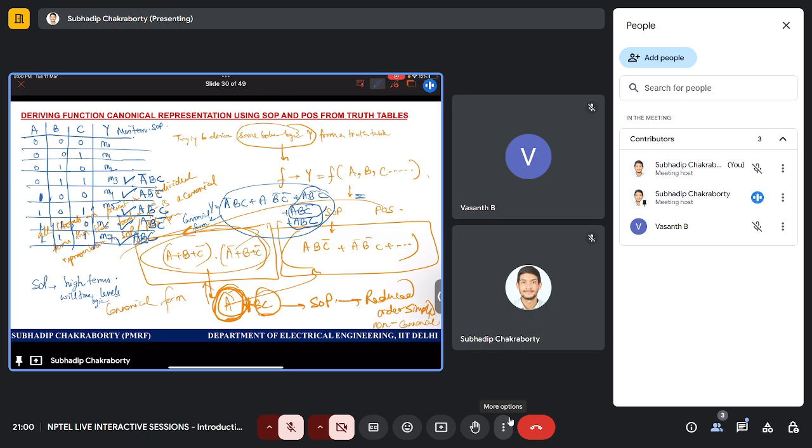Let's take AB common, and then C plus C bar will be 1. So we reduce these two terms, and now I have a lesser term with a reduced form.